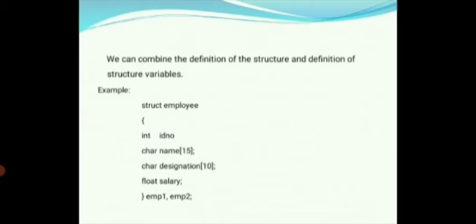And at the end of the closing braces, EMP1 and EMP2 are the two structure variables. So in this example, we combine the definition of the structure and the definition of the structure variables, both in only one structure, ending with a semicolon.